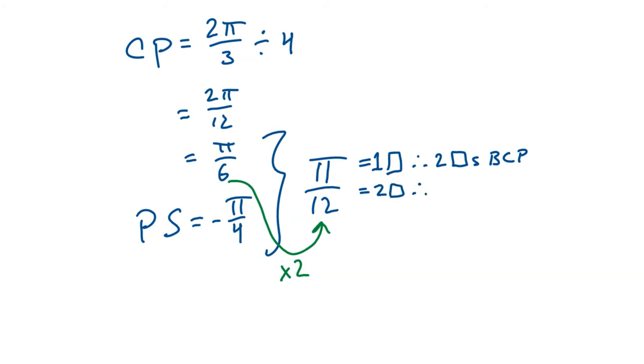Then how many squares would be between critical points? 4. What if I made pi by 12 3 squares? How many squares would be between critical points? Yeah, Saj? Yeah, 6.